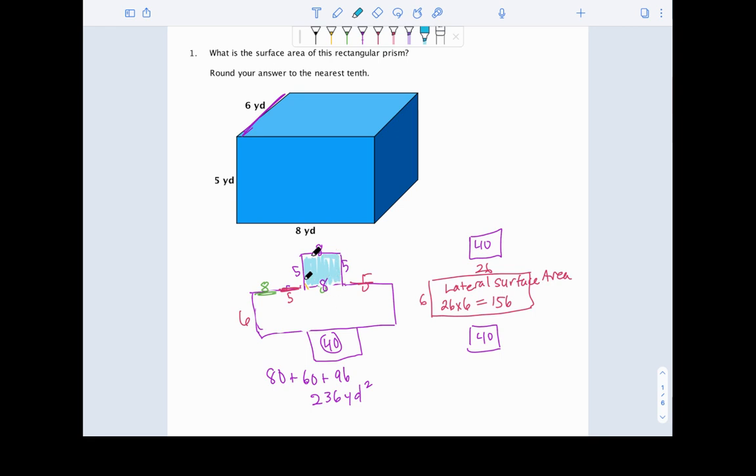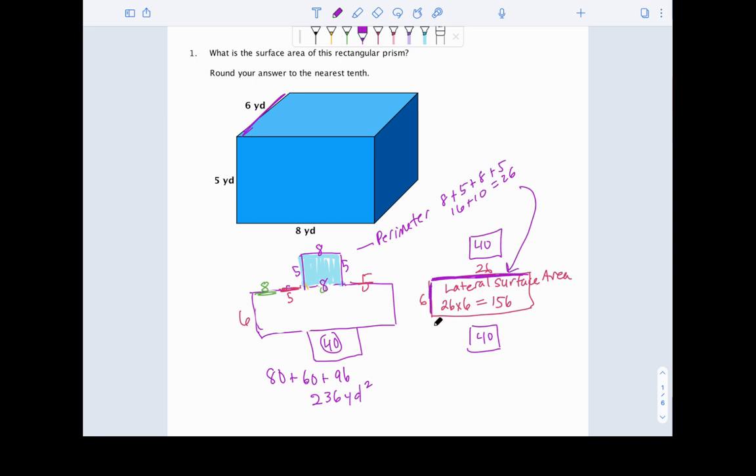What is the perimeter of this base? Well, it's 8 plus 5 plus 8 plus 5, which is basically 16 plus 10, so it's 26. So the perimeter of the base ends up being one of the sides of my lateral surface area here.